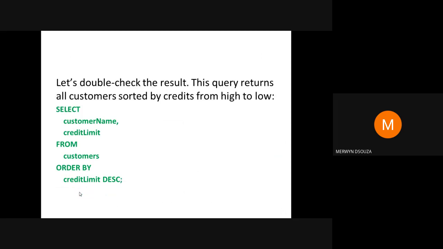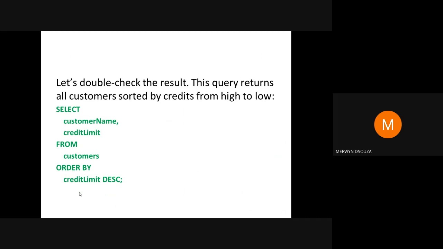This is the output you will get. This is the customer having the second highest credit. So how do we confirm that it is correct? We could confirm it by finding the credit limits of all the customers. We could write a query something like this to sort all the customers by their credit limit from high to low.